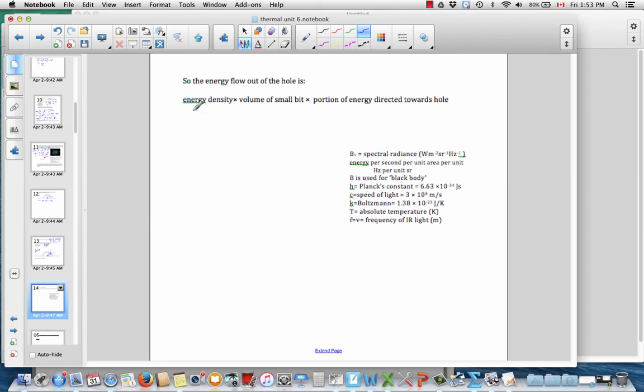Now we saw that the energy density was 4 pi over c times the Planck function dF. And then the volume of that small bit, where the radiation is going to reach the hole in time between t and t plus dt, was given by this expression here. And then we have to multiply by a ratio. This is the amount that's actually directed towards the hole.